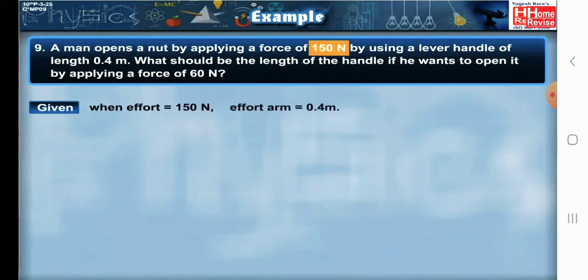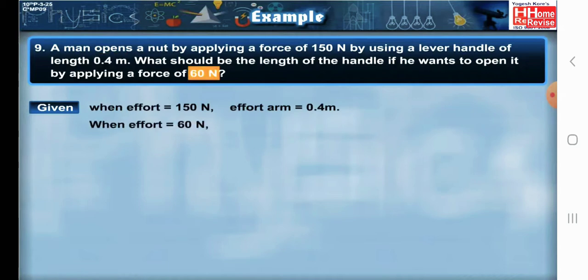Example 9. A man opens a nut by applying a force of 150 Newton by using a lever handle of length 0.4 meter. What should be the length of the handle if he wants to open it by applying a force of 60 Newton? Given when effort is equal to 150 Newton, effort arm is equal to 0.4 meter.